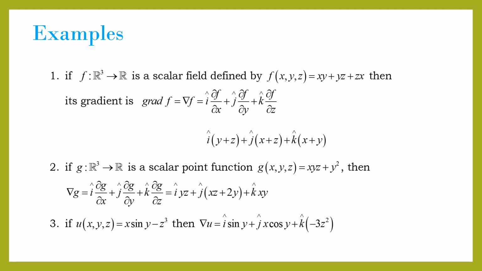If we want to find out del u, the gradient of this u, we get grad u equals i cap dou u by dou x plus j cap dou u by dou y plus k cap dou u by dou z. Now substitute the partial derivatives of u here in this formula. Then we get gradient of u equals i cap sin y plus j cap x cos y plus k cap times minus 3z square.